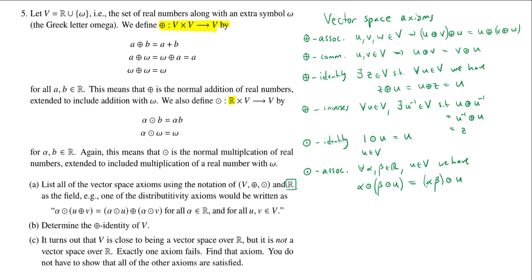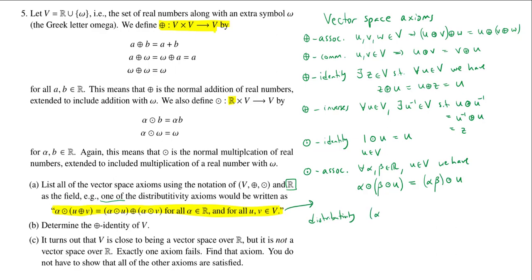Now we need the one that brings them both together, and that's our distributivity axioms. I actually already gave you one of those axioms right here. This axiom is the one where I'm distributing a scalar over a sum. The other distributivity axiom, and notice I said one of the distributivity axioms, is if I distribute a sum of scalars over a vector.